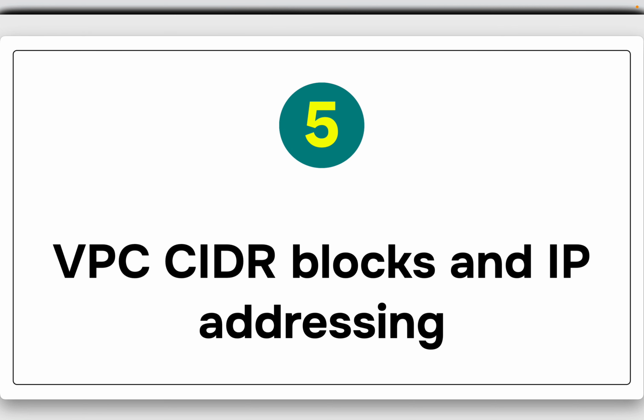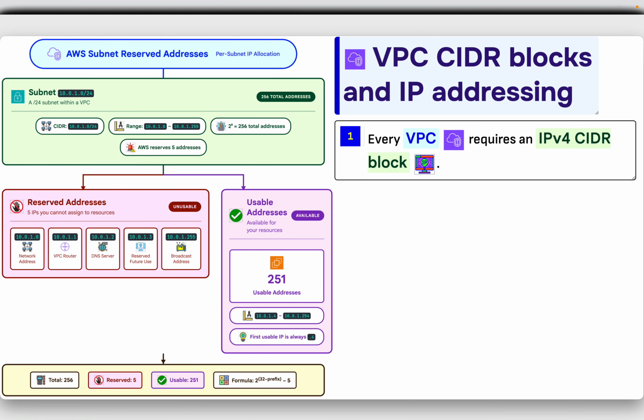Fifth topic is VPC CIDR blocks and IP addressing. So the diagram shows how AWS reserves subnet addresses. For example, for a /24 subnet like 10.0.1.0/24, there are 256 total addresses, and out of it, AWS reserves 5 addresses.